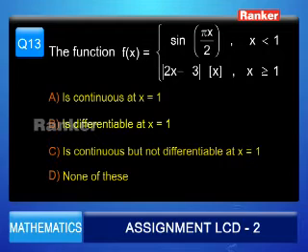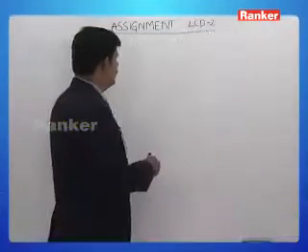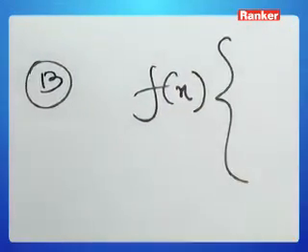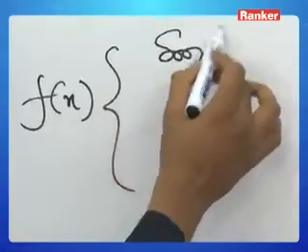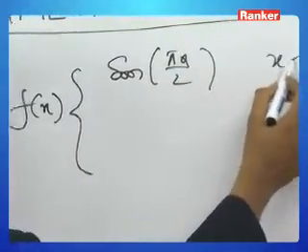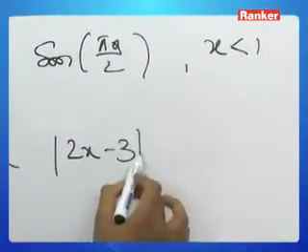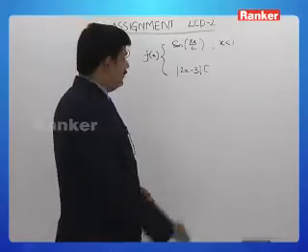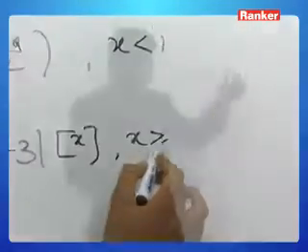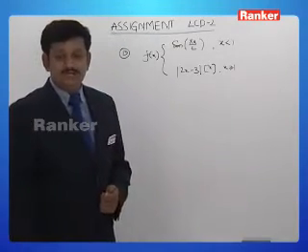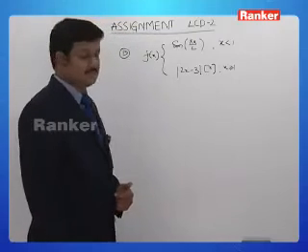We have to check whether it is option A, continuous at x equal to 1, B, differentiable at x equal to 1, or C, continuous but not differentiable at x equal to 1.